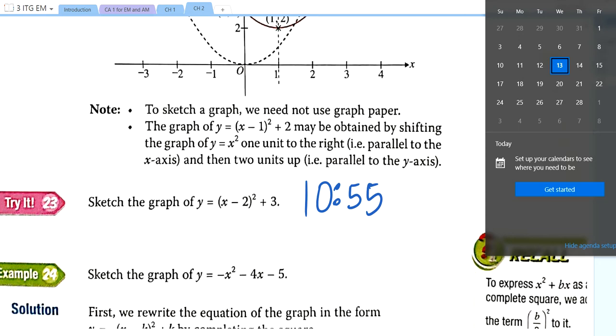When you're going to sketch during your tests and examinations, you are supposed to use pencil and ruler.